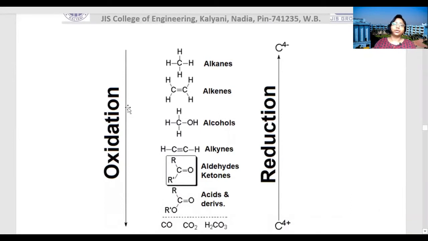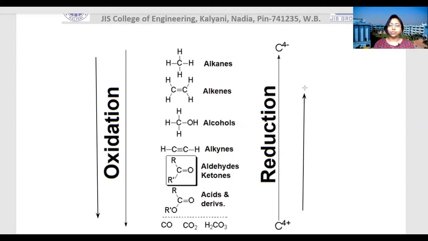From the upper side to the lower side, the arrow is given, that is the oxidation. And if we move in the upward direction, that is the reduction. So in this direction you can see the arrow for oxidation, and in this direction is the reduction. The opposite of oxidation is reduction.